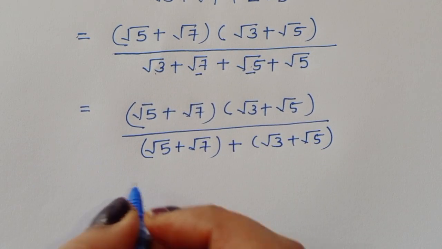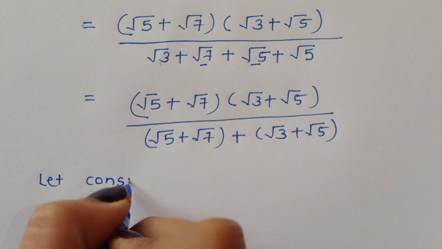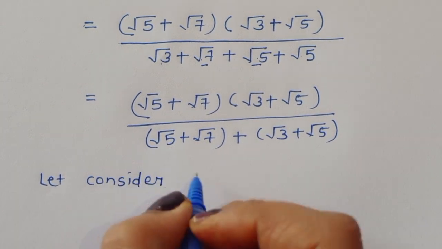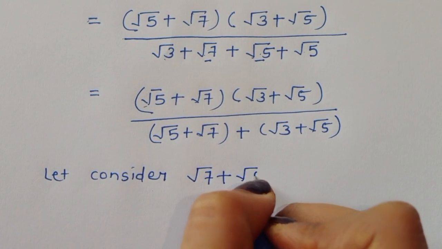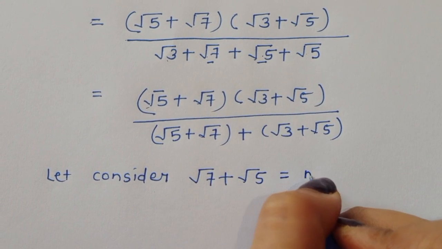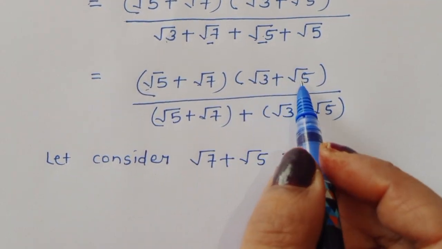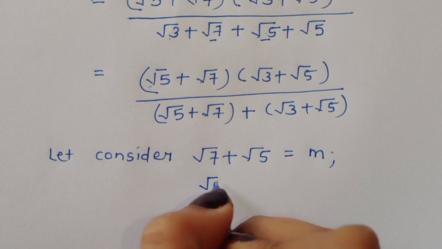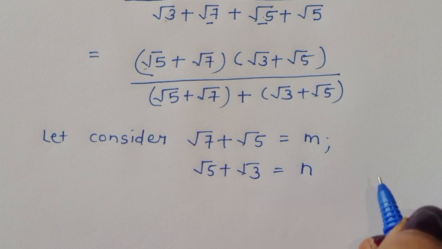Now let's consider one thing. Square root of 7 plus square root of 5 is equal to m, and the next term, square root of 3 plus square root of 5, we consider as n, right?